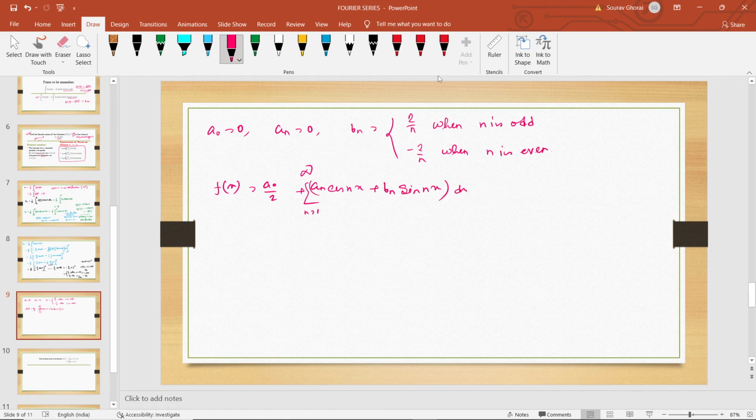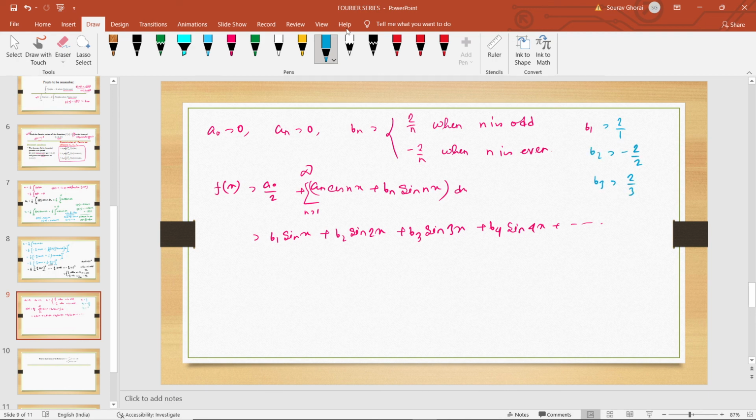Since a0 and an are 0, the series will be of the form b1 sin x plus b2 sin 2x plus b3 sin 3x plus b4 sin 4x and so on. So what will be the value of b1? From here we get b1 will be 2 by 1, b2 will be minus 2 by 2, b3 will be 2 by 3, b4 will be minus 2 by 4.